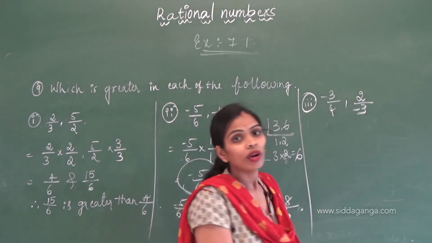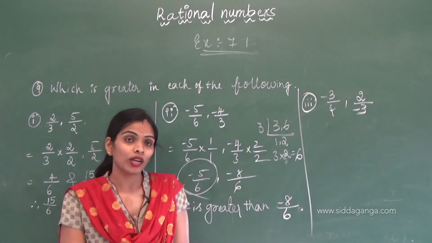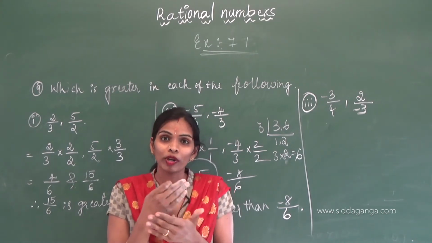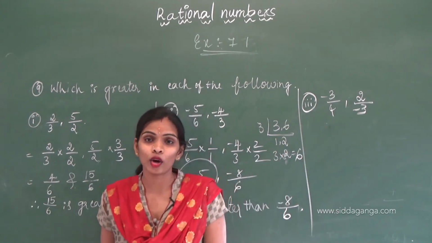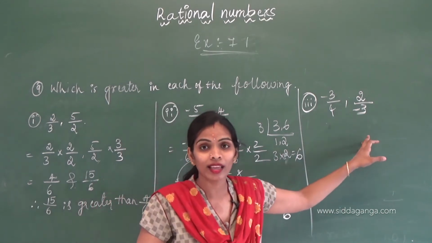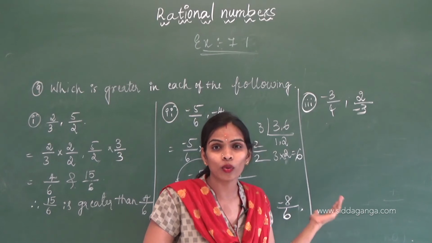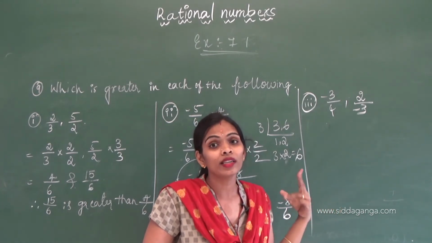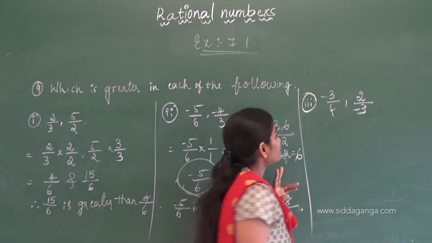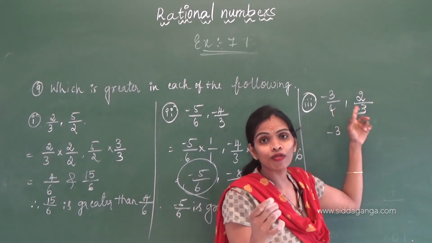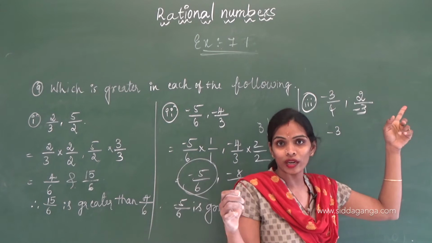That's why we have to make both rational numbers equivalent by multiplying a suitable number with numerator and denominator. For 4 and 3 there is no common LCM, their multiplication is the LCM, because the two are co-primes. We have to make the denominator of both rational numbers as 12, correct?